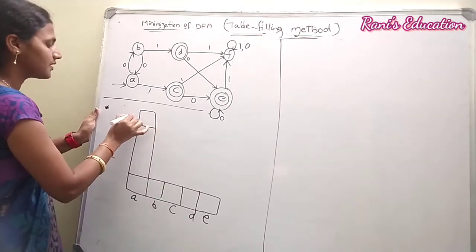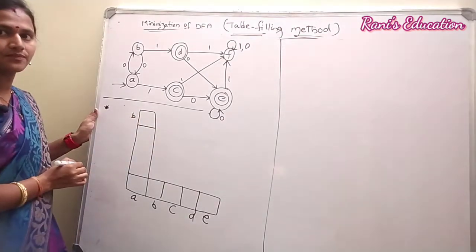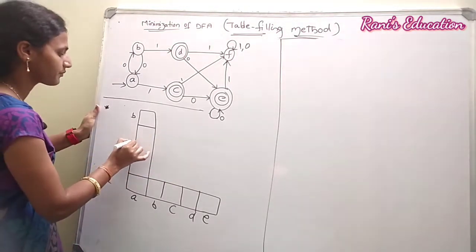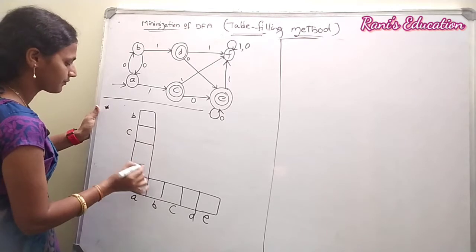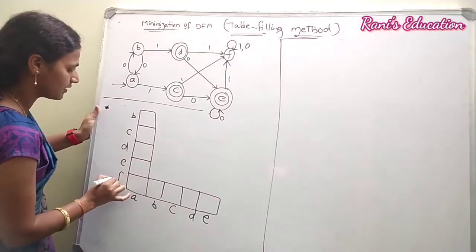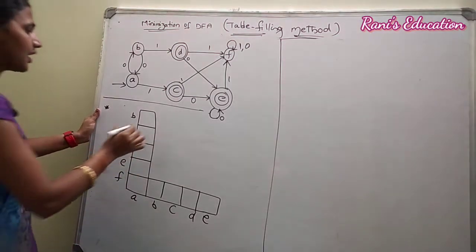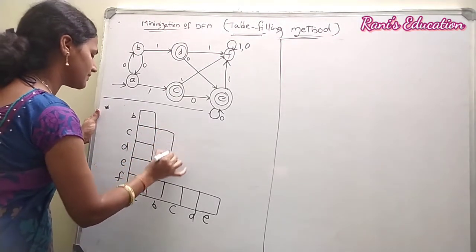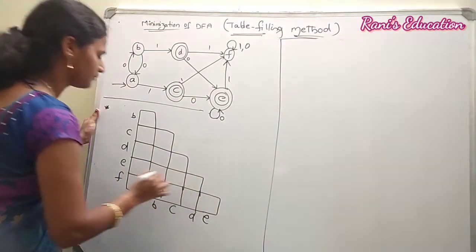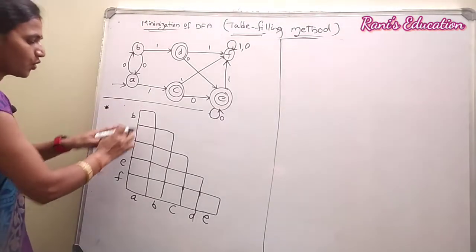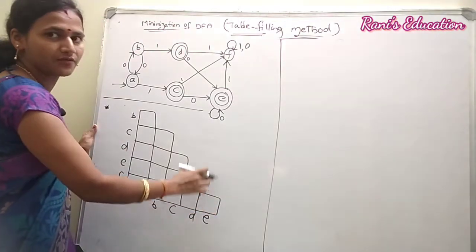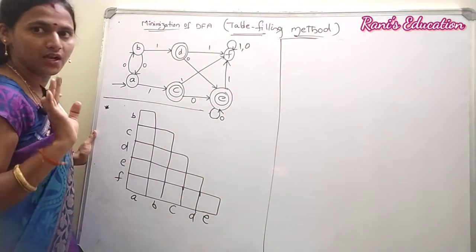We should start with the state after the initial state, so after the initial state it is B, C, D, E and F. This is how we are going to take the x and y axis. We are going to take only the lower triangular matrix. We should not consider the upper triangular, because duplications are not allowed.